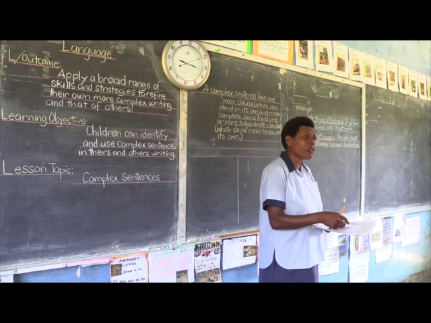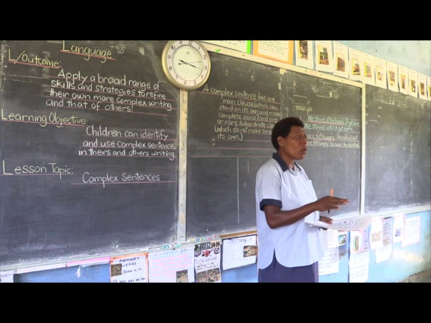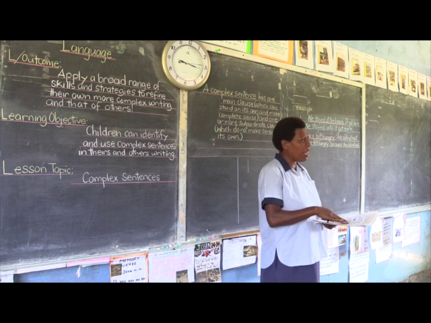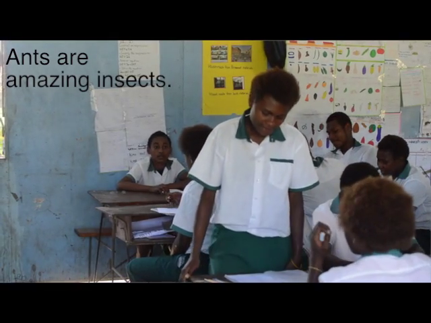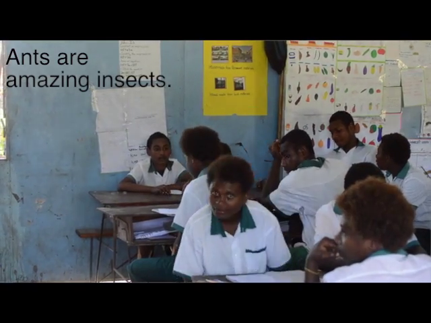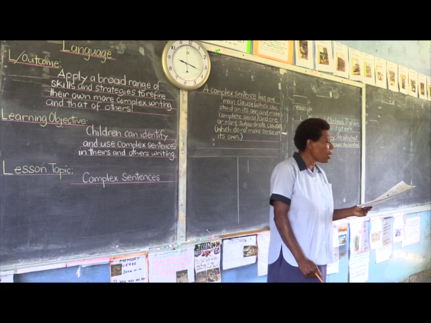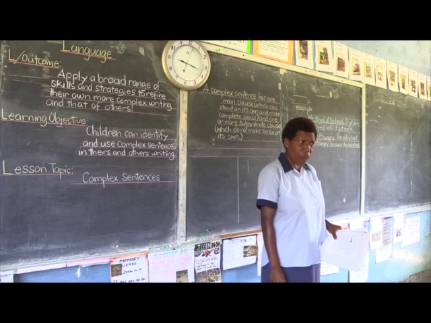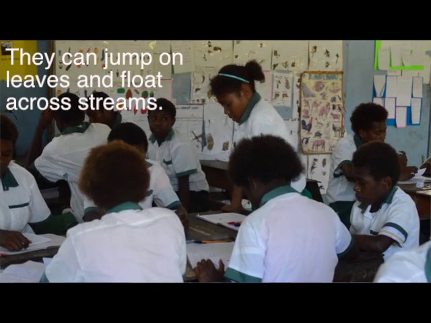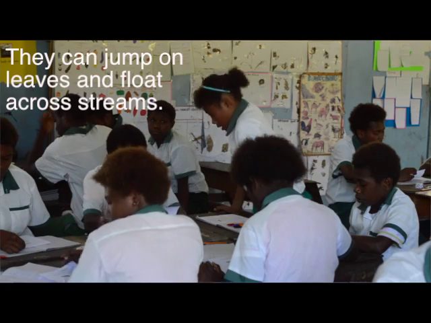See if you can identify one simple sentence. Ants are amazing insects. Very good. Can you identify a compound sentence from the text? They can jump on leaves and float across the streams.